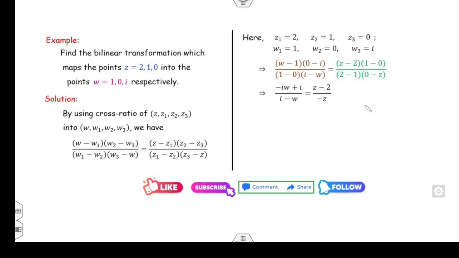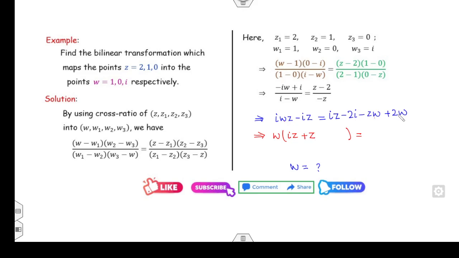Now you can cross multiply it. Your target is to find the value of W. It's iota WZ minus iota Z, which is equal to iota Z minus 2 iota minus ZW plus 2W. Now take the coefficient of W on the left hand side and the other terms on the right hand side.